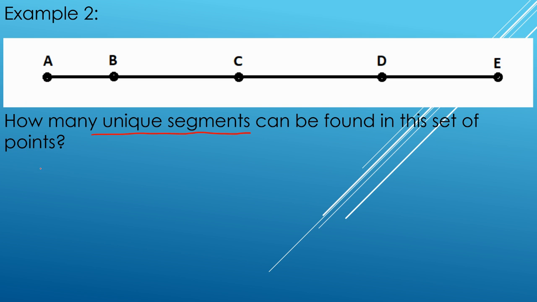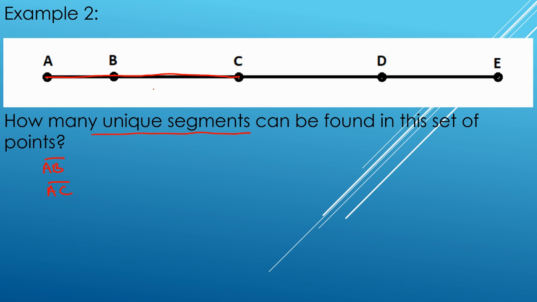Can you see segment AB? Let me demonstrate. Segment AB goes from A just to B and stops. Can you see segment AC? Well, that goes from A and continues to C, like this. How many more do you see?